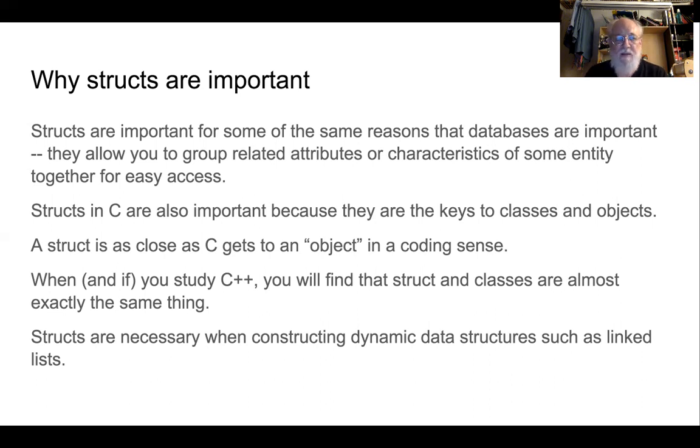So a struct in C is as close as you get to an object in a coding sense. It's not quite an object. It's not quite a class. It's very similar to a class in C++, and you'll see that when and if you study C++. You'll find that in C++, structs and classes are almost exactly the same thing. So we're on our way, when we look at structs in C, to thinking about objects and classes.